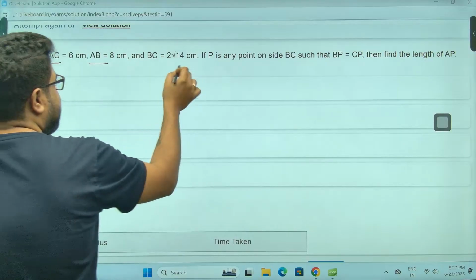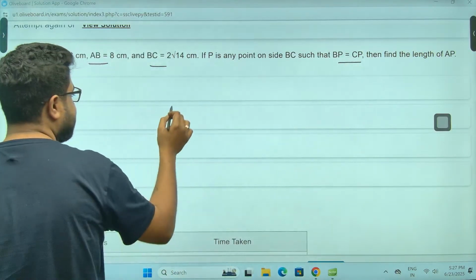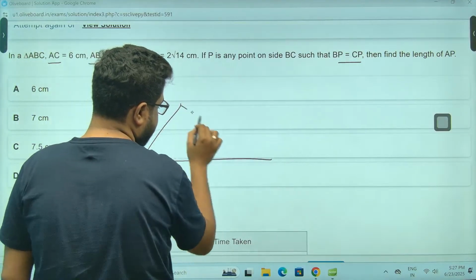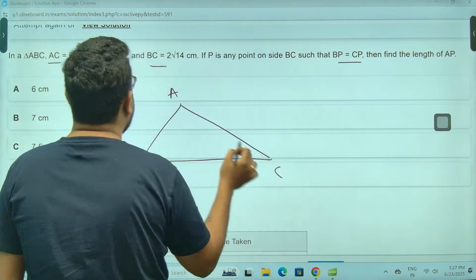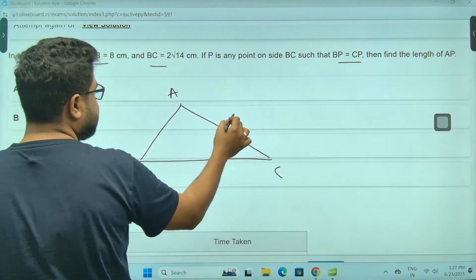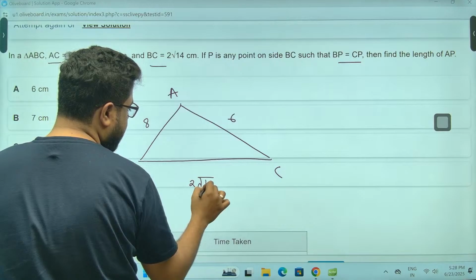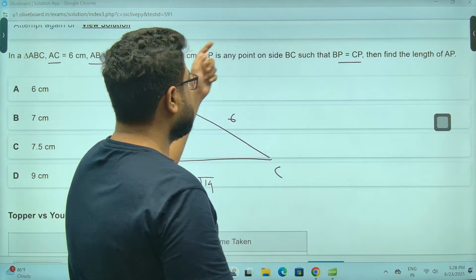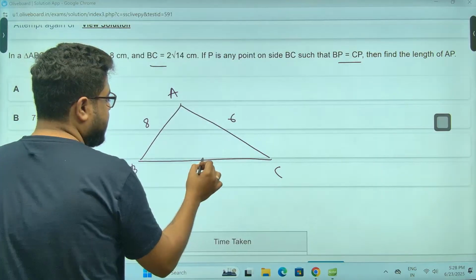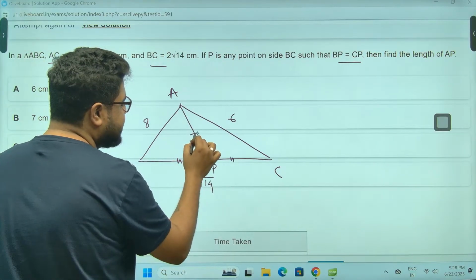AC, AB given, BC given. I guess this is an Apollonius question. ABC. AC is given as 6. This is 8. This total is 2 root 14. BP is CP. P is a point on this, meaning P is the median.